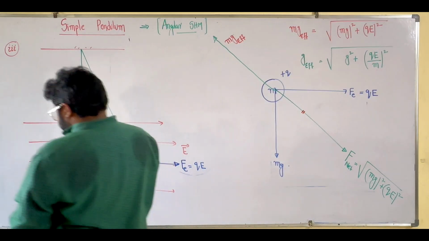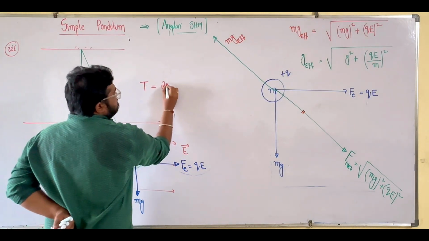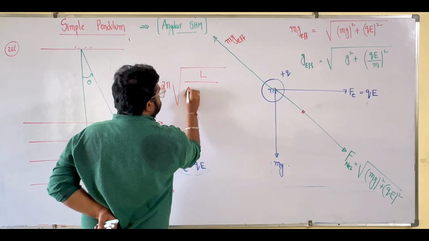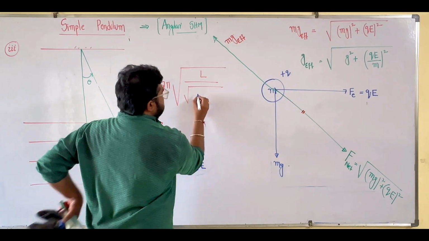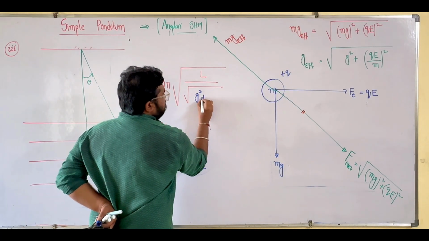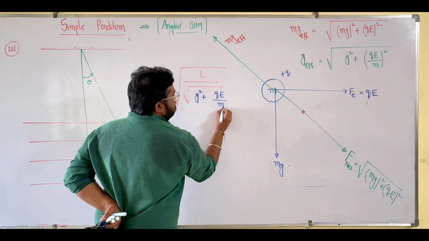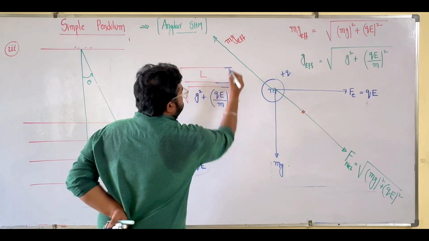What is finally the time period of oscillation? T equals 2 pi square root of L by square root of g square plus (QE by m) whole square.